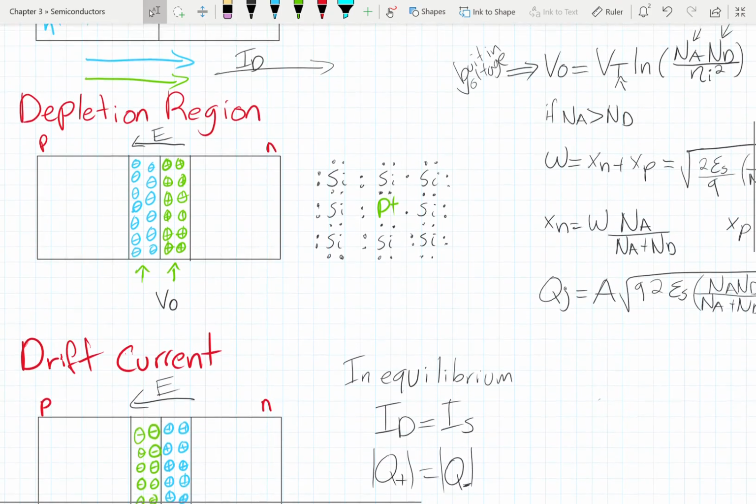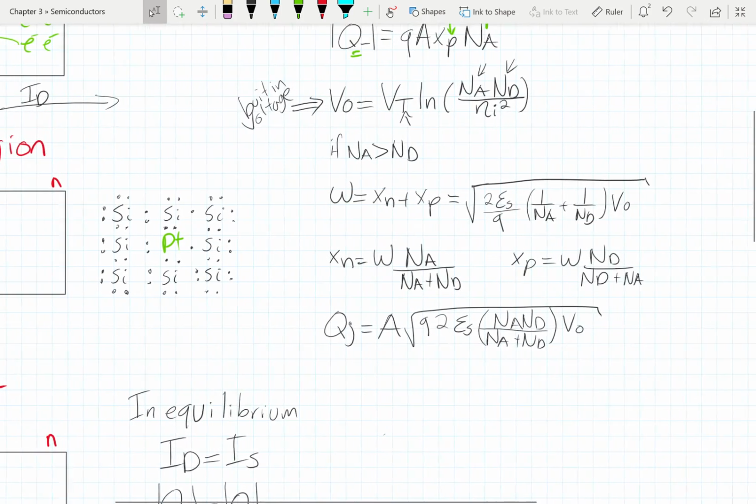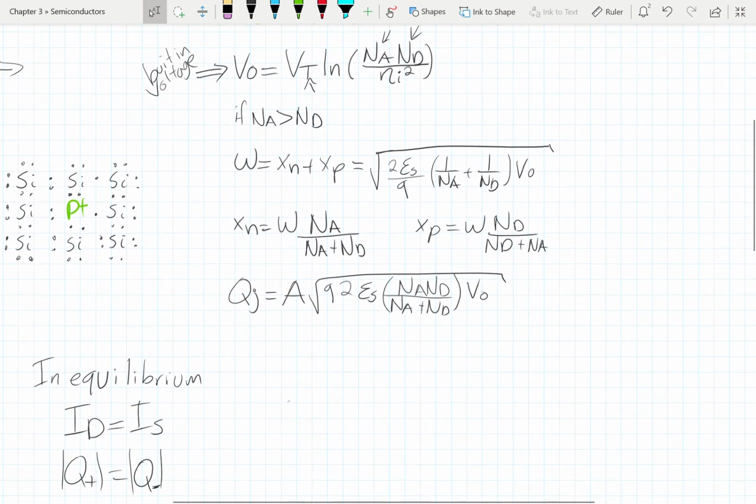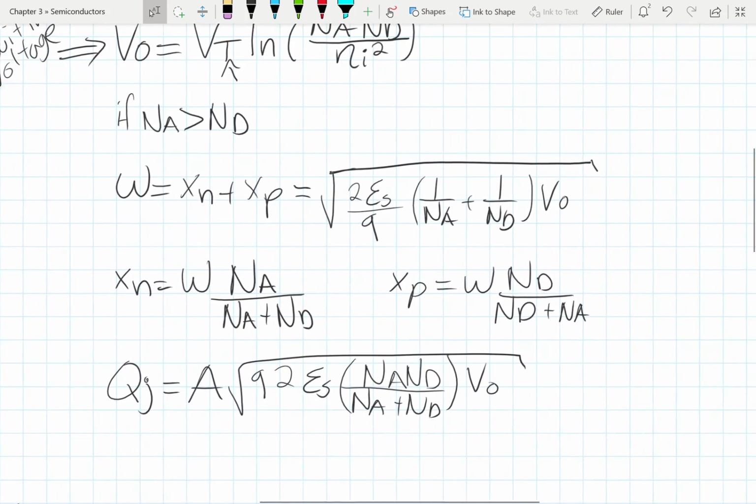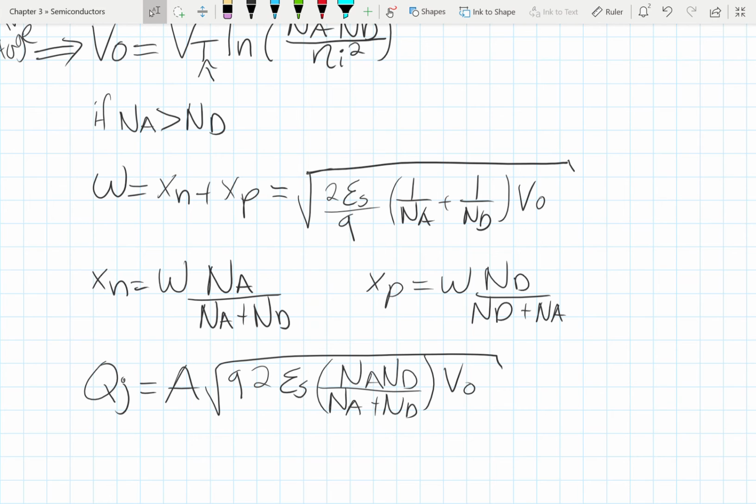Let's see what else. Just to end with this, we're going to look at this more realistic case where Na is greater than Nd. So we're going to have equations for width. This is the width, the total width of the depletion region.